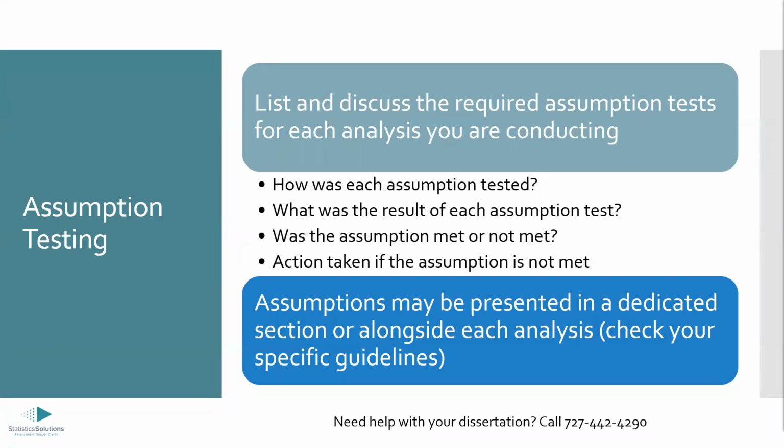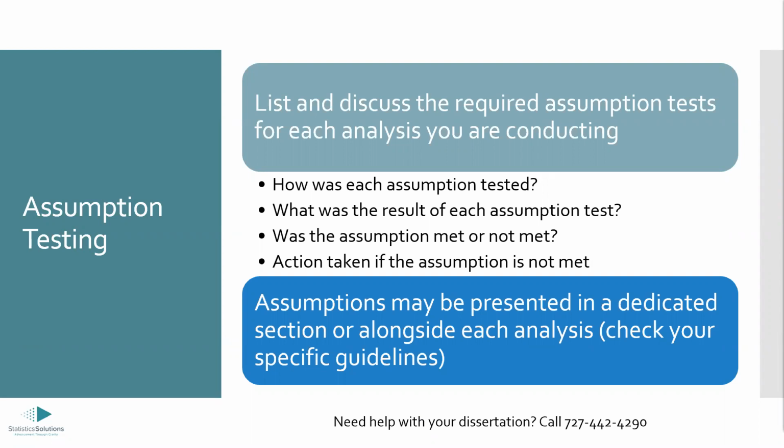You want to say what the result of the assumptions test was. So whatever test you're using, you will want to interpret the result of that test. So for instance, for normality, if you're using a Shapiro-Wilk test, you want to say whether or not the Shapiro-Wilk test was significant and what that means. You want to make a clear statement of whether the assumption was met or not met.